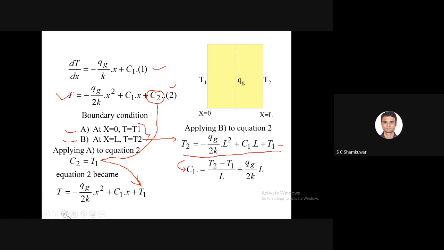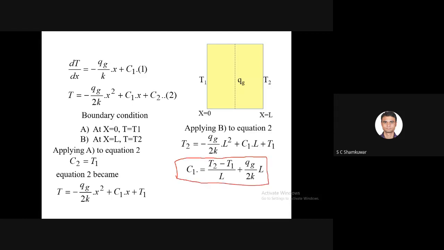So now you know the value of C1 and the value of C2. The value of C1 is this one from boundary condition 2. The value of C2 is this one from boundary condition 1. Now we can replace C1 and C2, so we will get equation 2 in a different form.